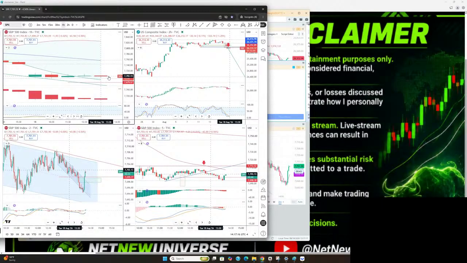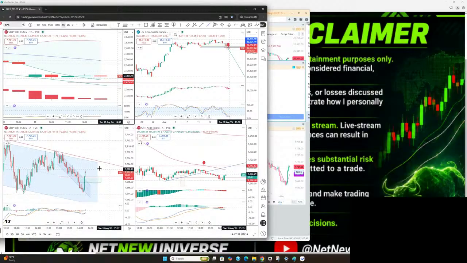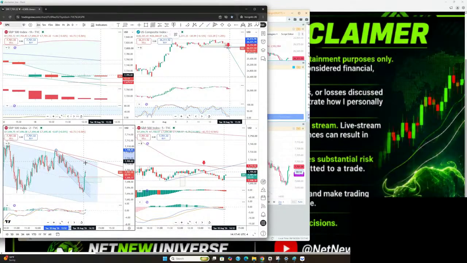The higher time frames. So LOD play was a nice entry, but they only work very few times. It is trying to go sideways.